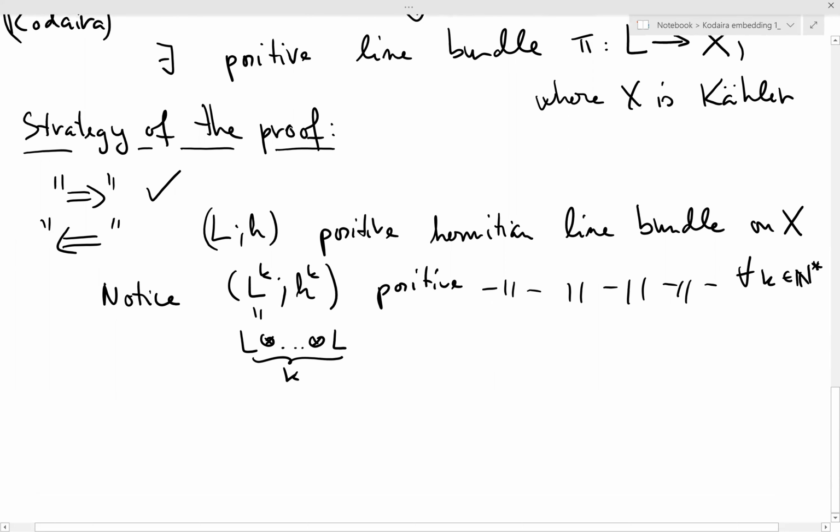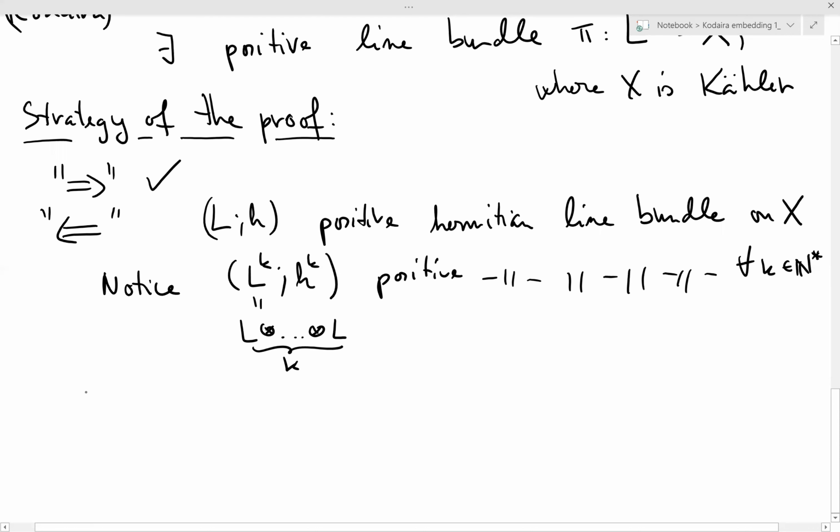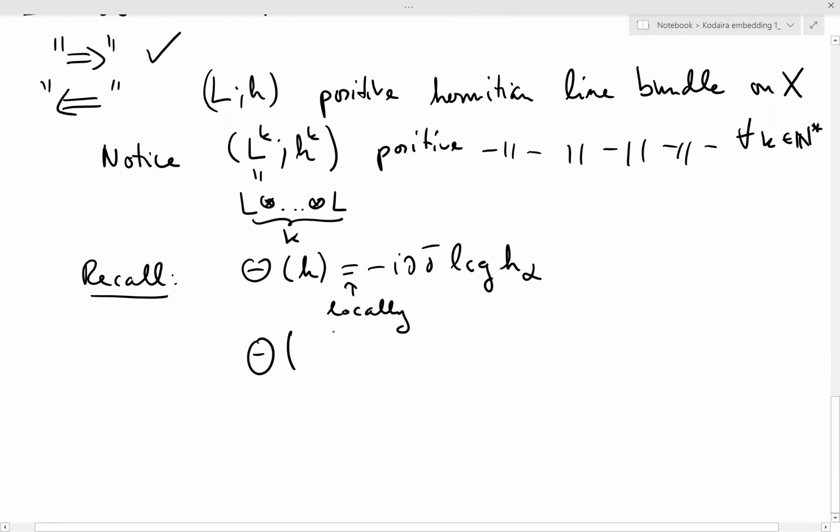Okay, and then how do you see this? Well, recall the definition of the curvature operator. Locally, it looked like negative i del del bar of log h alpha. So what can you tell about the curvature of h^k? Well, locally, it's negative i del del bar log of h alpha to the power k.